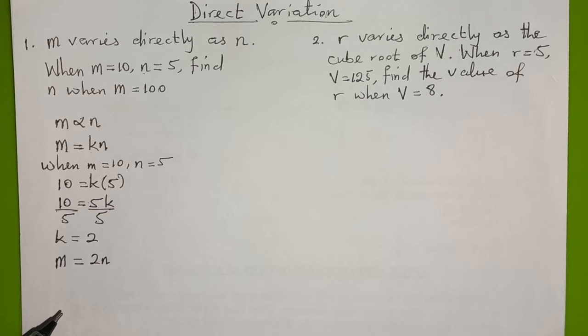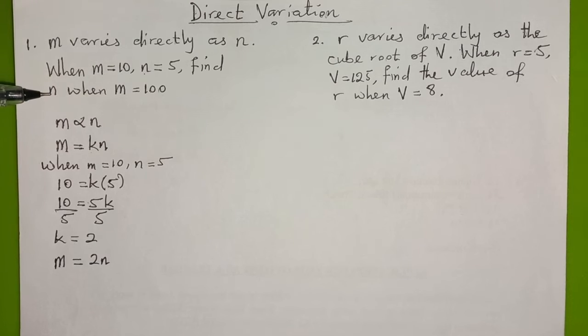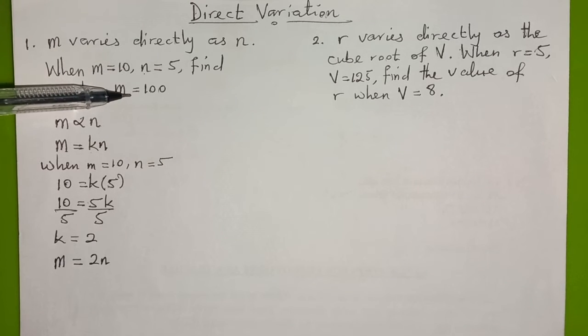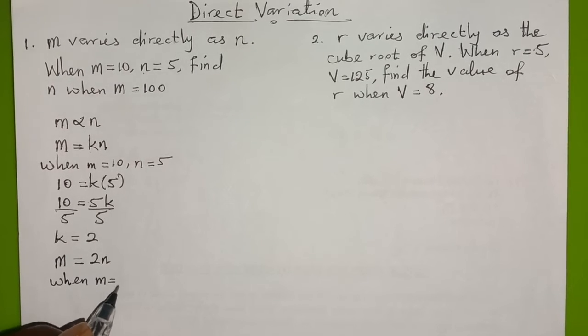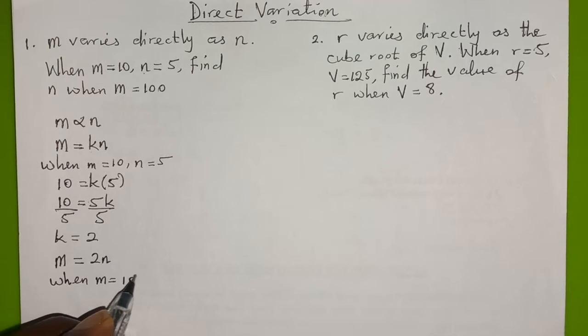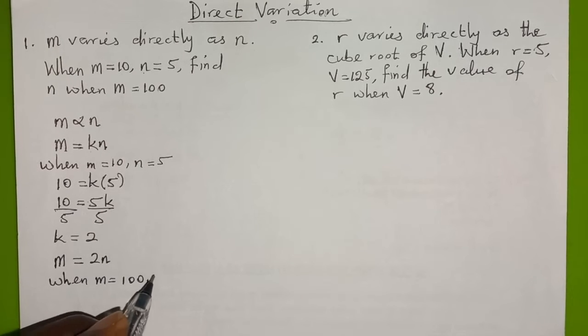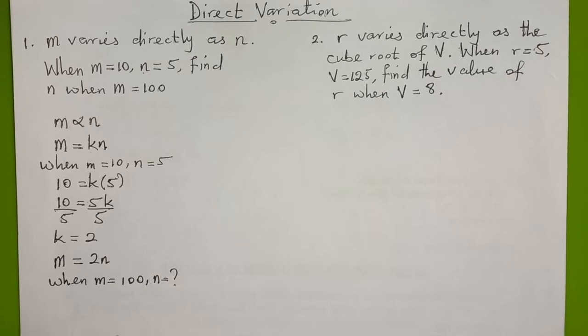Okay. Now we are being asked to find the value of n when m is equal to 100. When m is equal to 100, our value of n is unknown, so we need to find that value.